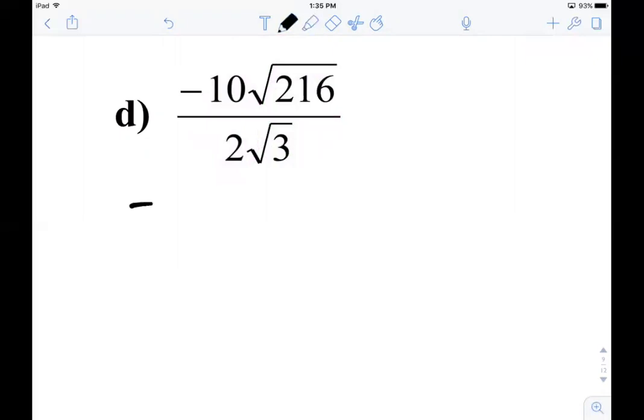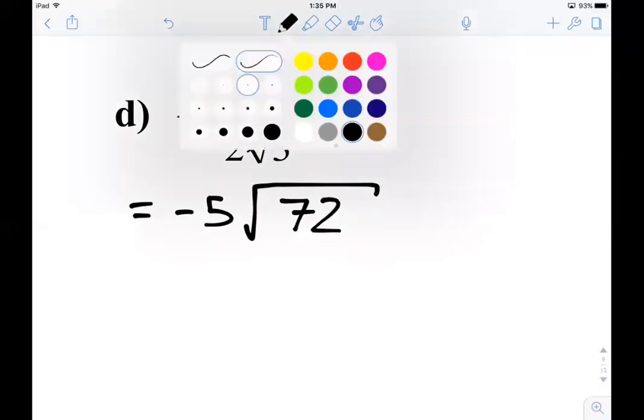So -10 divided by 2 tells us that we're going to have a -5 coefficient in front of this whole thing. And then I'm going to just skip a step here and say 216 divided by 3 is 72. So it's really like root 72 because I divided, and I'll just make a little note there.